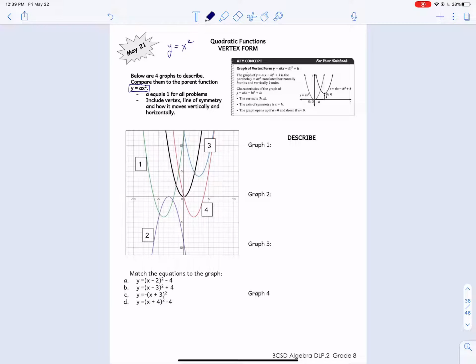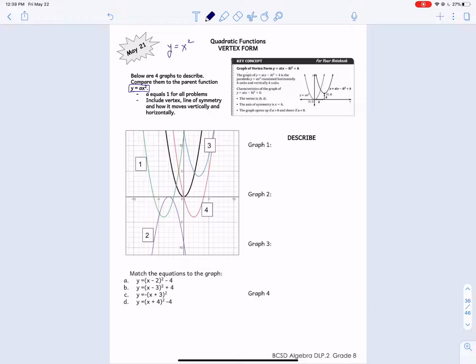So y = x², and then the rest are going to be shifted. It's the same graph, just being moved around. The opening, the width of it, doesn't change. It's just taking that black parabola stuck to a pin, and then we're moving the pin to different locations. Okay, so we need to match these up.